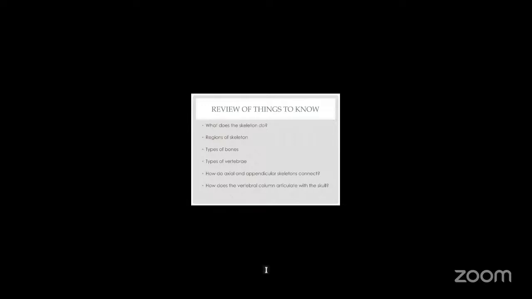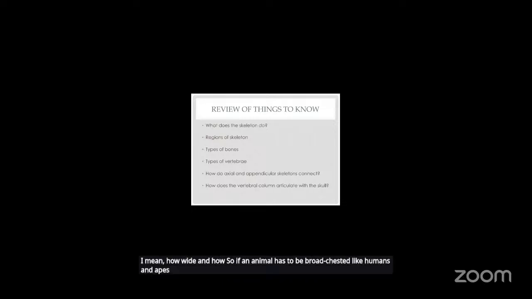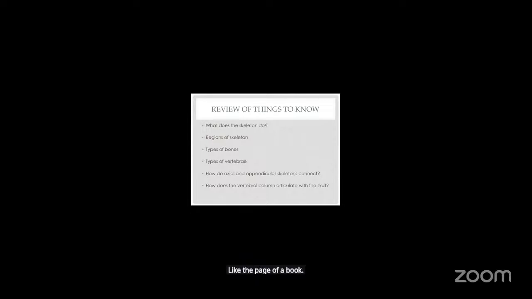If an animal has to be broad-chested like humans and apes, the pectoral girdle must spread out like the pages of a book. Whereas for quadrupedal animals, the pectoral girdle must close up so that the limbs can be sideways.